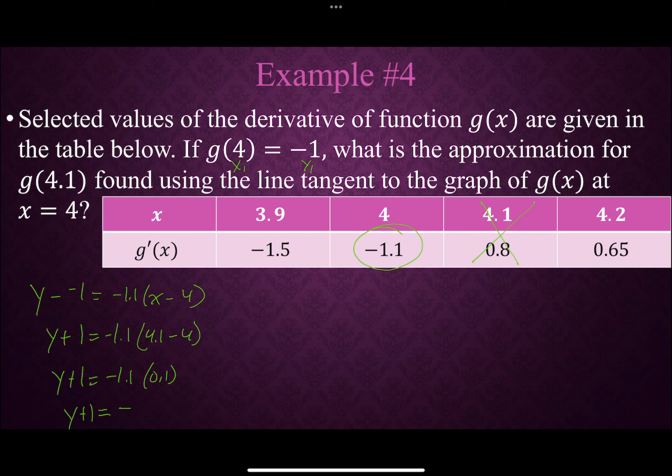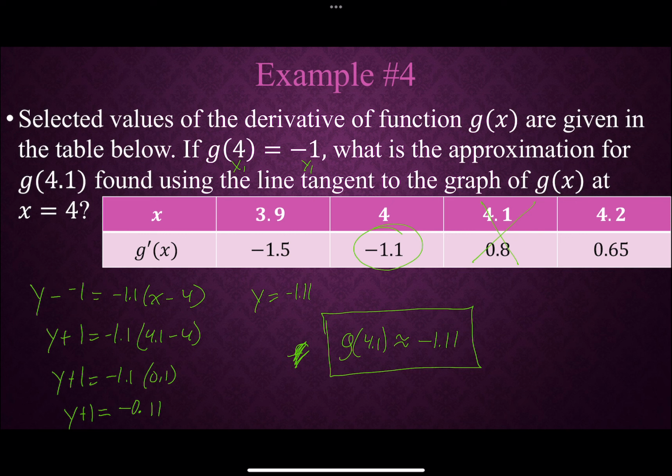We're going to get negative 0.11. Subtract the 1 over. Y is a negative 1.11. So our g, not f, g at 4.1 is approximately negative 1.11. And again, we don't know anything about the second derivative, so we cannot make an assumption based off whether or not this is an over or an under estimate.